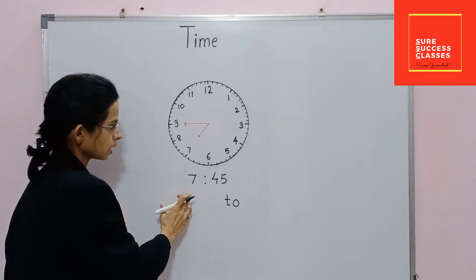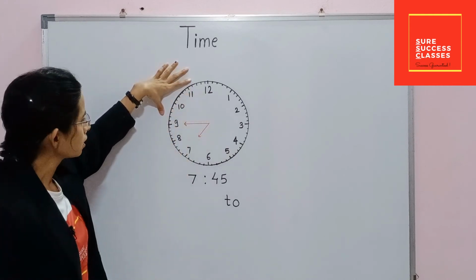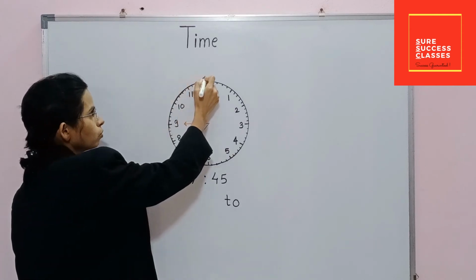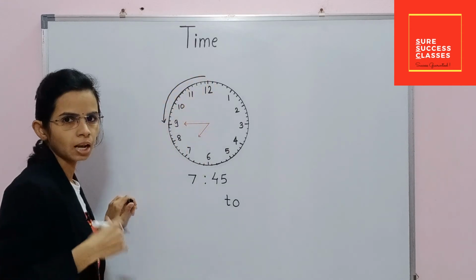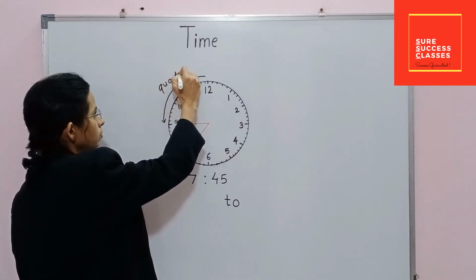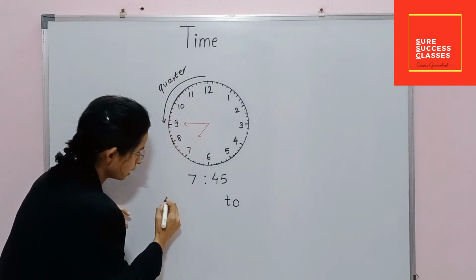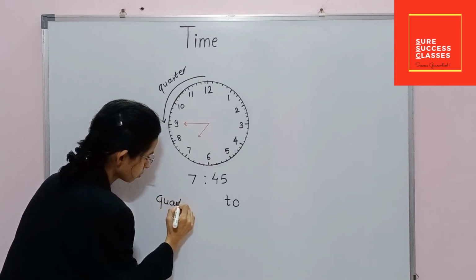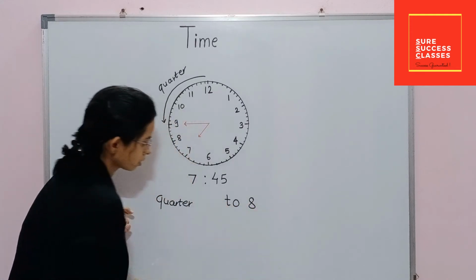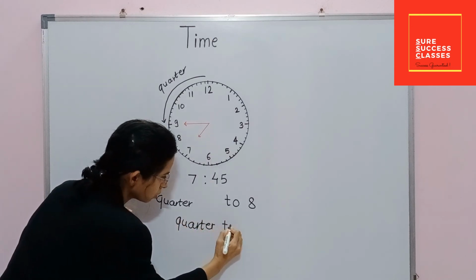So here the time is 7:45, means 15 minutes are required to enter into the next hour 8, and we know we say these last 15 minutes of the hour as quarter, and quarter to the next hour, we write it as quarter to 8.